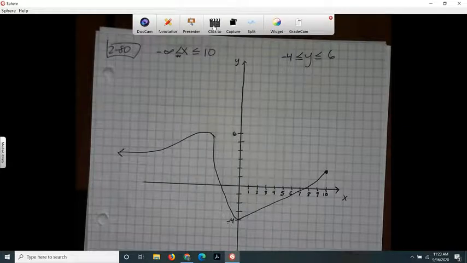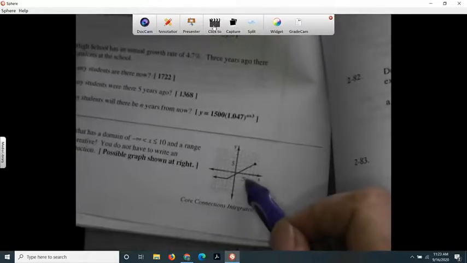I'm going to show your book. Your book wrote this, like that. So if you're looking in your book and you're wanting to copy that graph, then you still see how they make the 5 right above the little line.